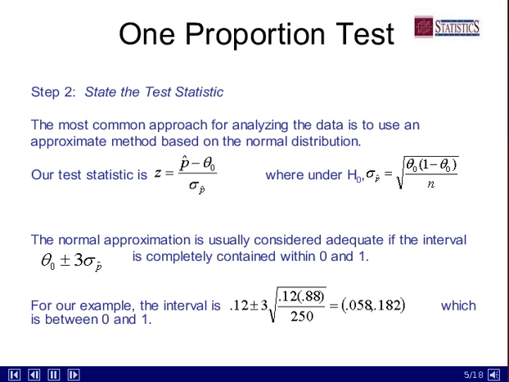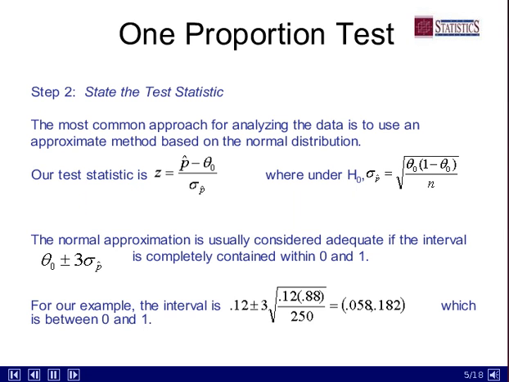Now, the normal approximation is usually considered adequate if the interval theta 0, which is our null value of 12%, plus or minus 3 times the sigma p hat that we just defined, is completely contained within 0 and 1.